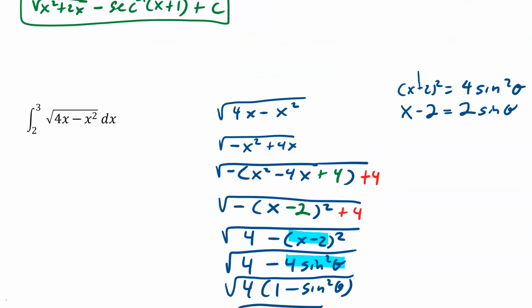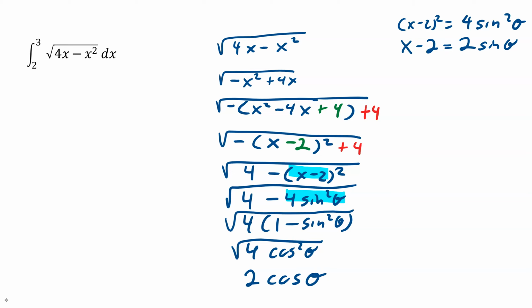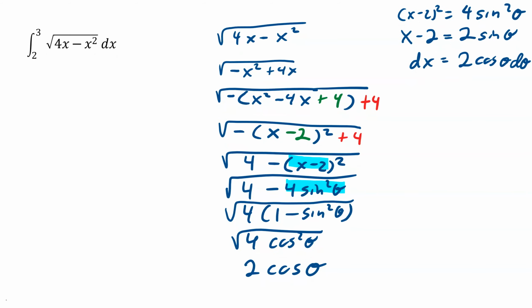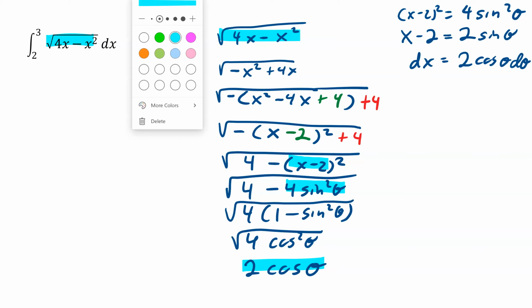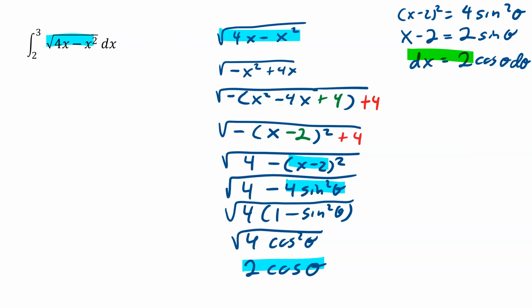And then we do our integral, our dx equals 2 cosine theta d theta, and we have everything now that we need to plug in except for the values, but we'll come back to those. So that is that. So we'll replace that one, and then we'll use green. So dx becomes that. So we end up with 2 cosine theta, 2 cosine theta d theta.